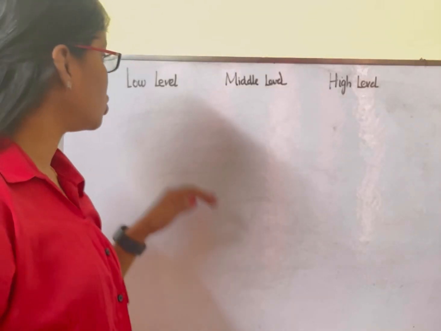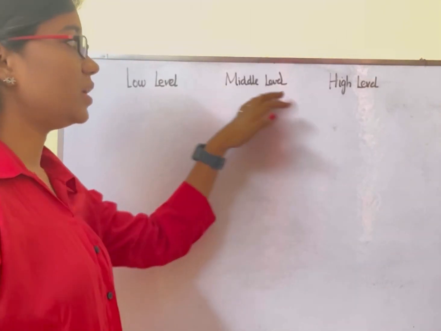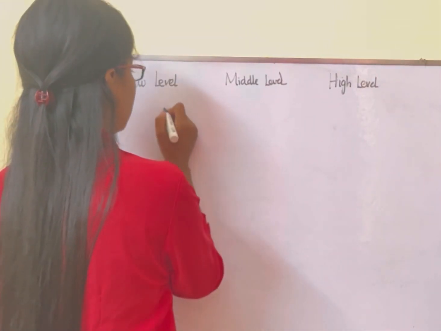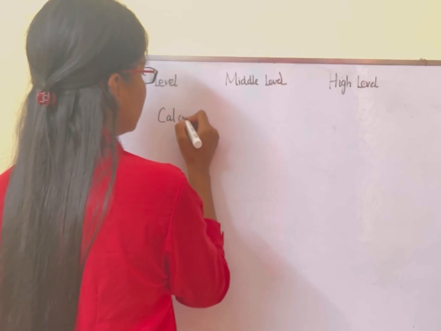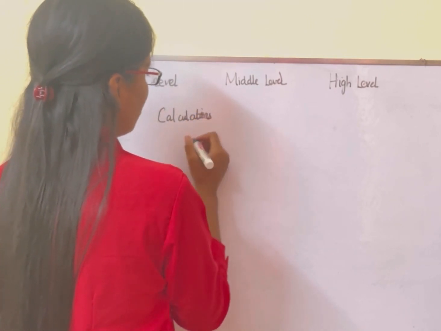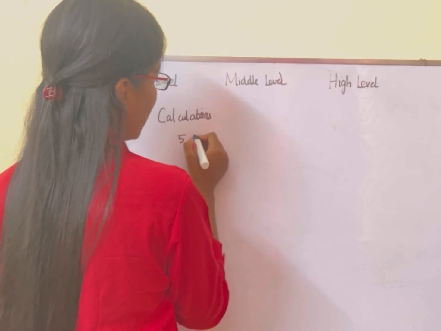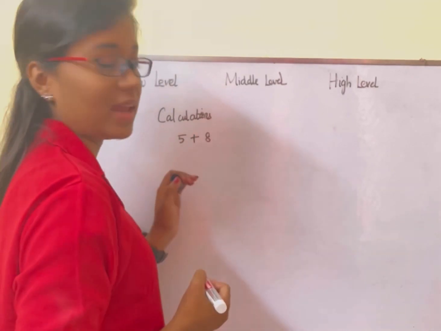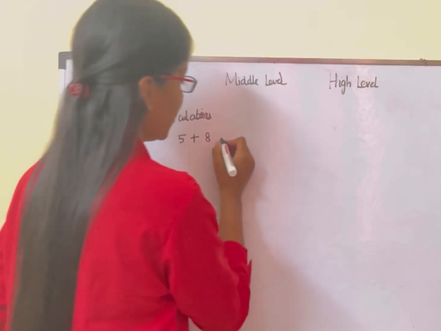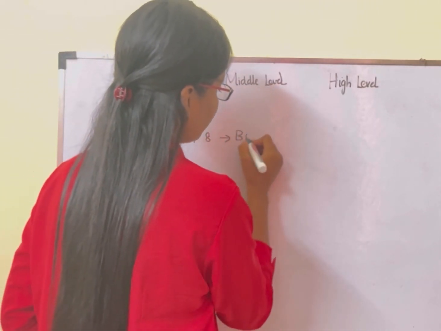Now let us get to know what is the difference between low level, middle level and high level programming languages. Initially, when computer was invented, it could perform only calculations. So if I want to perform a calculation like adding 5 plus 8, I cannot directly give the input as 5 and 8. I have to convert 5 and 8 into its equivalent binary form.